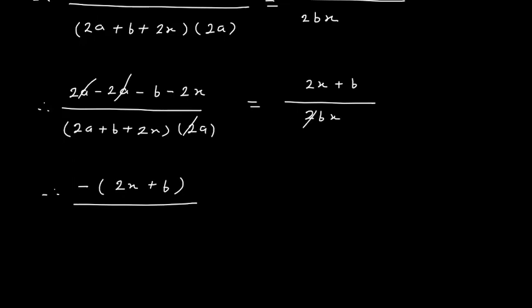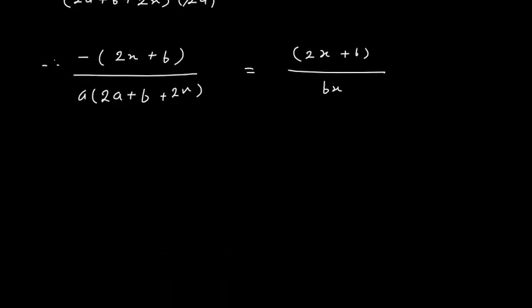So you can say that this is a into 2a plus b plus 2x is equals to, here it is 2x plus b divided by bx. Now you can see this 2x plus b we have on this side and on this side, so we can cancel, or better not to cancel, we will not cancel this.